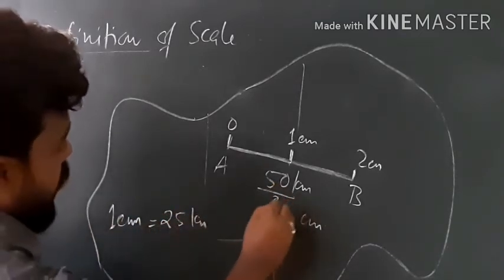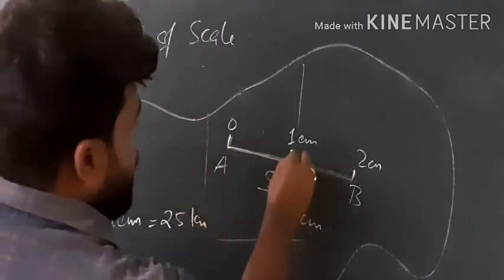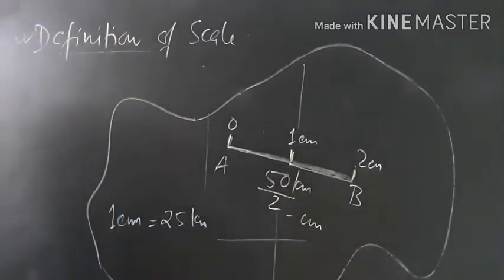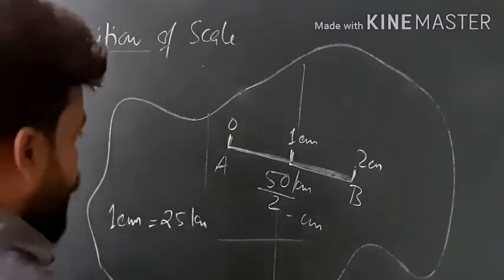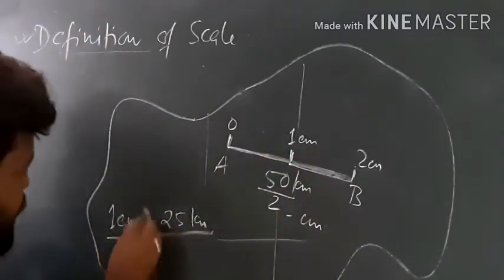If we divide 50 by 2, 25 will come. So 1 centimeter is equal to 25 kilometers, and another centimeter is equal to 25 kilometers. From A to B this place covers 50 kilometers, so 1 centimeter represents 25 kilometers.